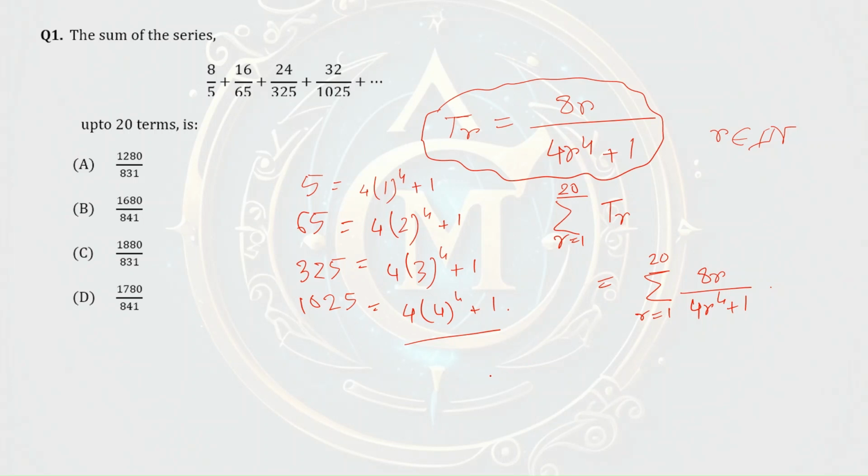Now the concept is to express this numerator in terms of the difference between two terms in the denominator. We have to express the numerator as the difference of one or more terms in the denominator.